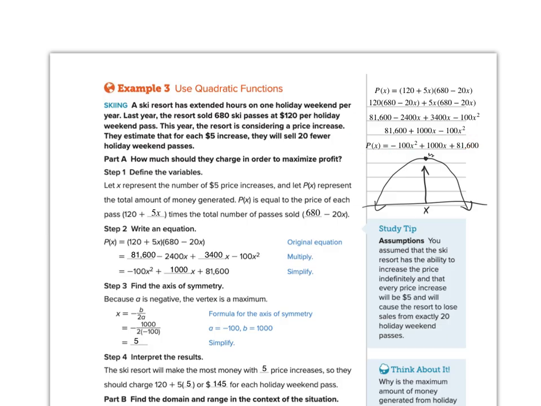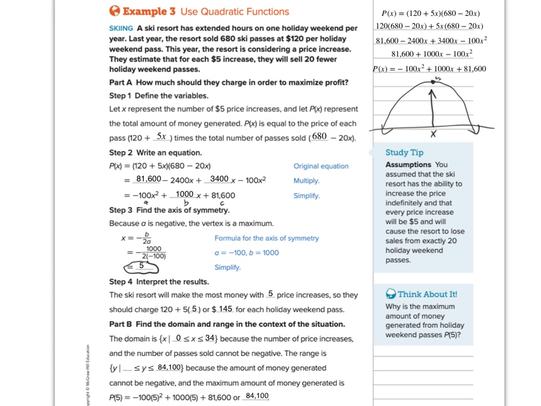Now they know their value of a is negative 100, b is 1,000, and c is 81,600. So they're able to calculate x, the line of symmetry, which they said is x equals 5. So right here, at the maximum line of symmetry, x equals 5.